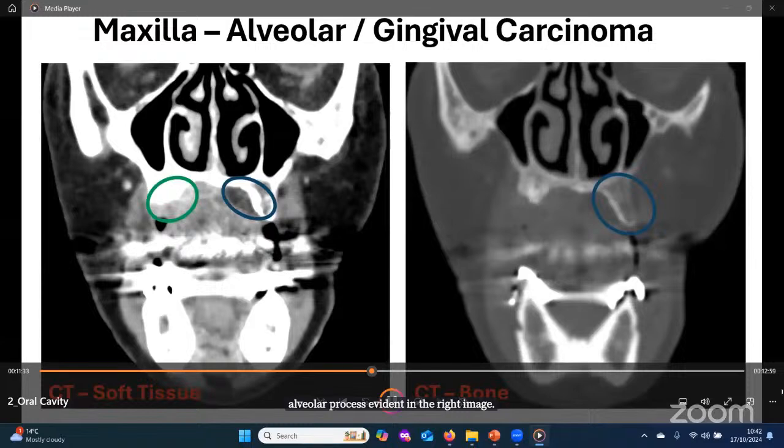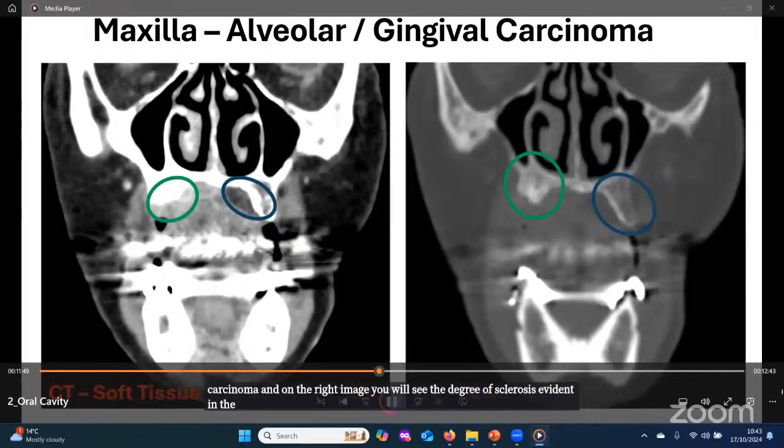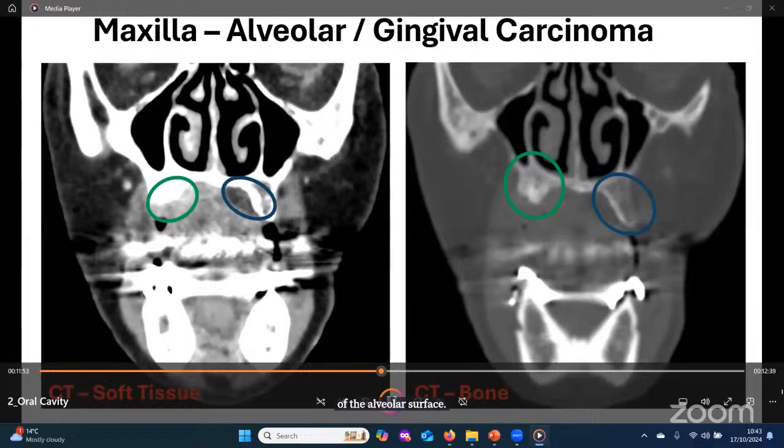Whereas on the green circle, you've highlighted the enhancing tissue mass, which represents your carcinoma. And on the right image, you will see the degree of sclerosis evident in the trabecular bone, this flattening of the alveolar surface. And this on imaging is suspicious for involvement of bone.